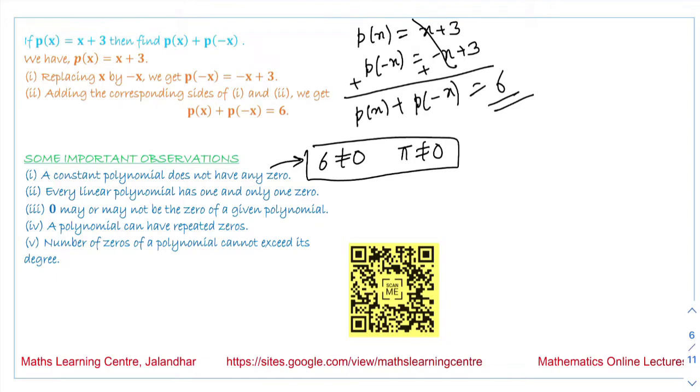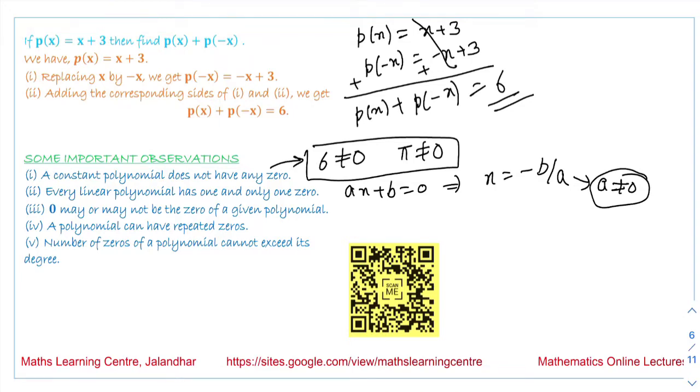Every linear polynomial has one and only one 0, that we have already seen: if ax plus b is equal to 0 is given, then x is equal to minus b by a. It is a linear polynomial, so a is not equal to 0 is already given to us.